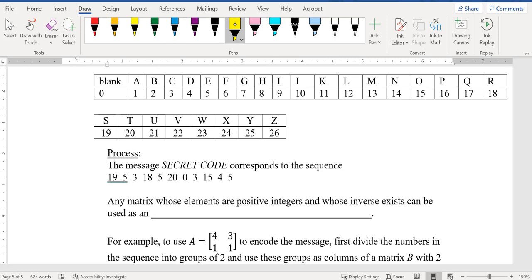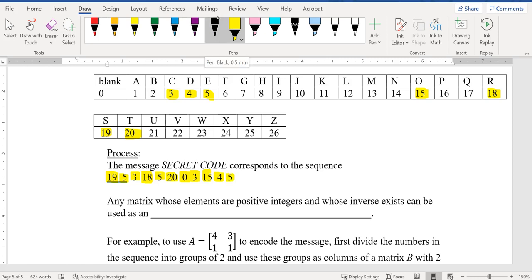S is a 19, E is a 5, C is a 3, R is an 18, E is a 5, and then T is a 20. Then we want a space between words, so we put the 0. And then C is a 3, O is 15, D is 4, and E is 5.